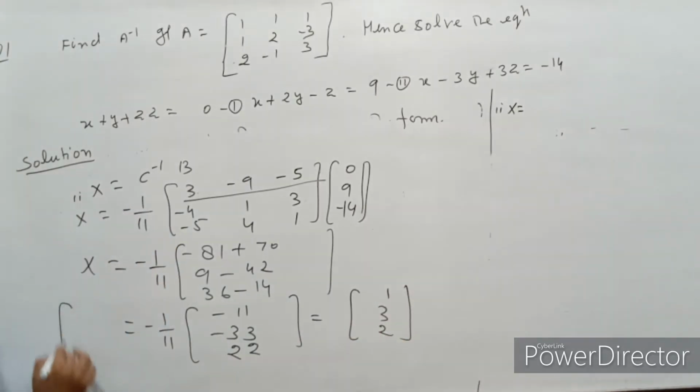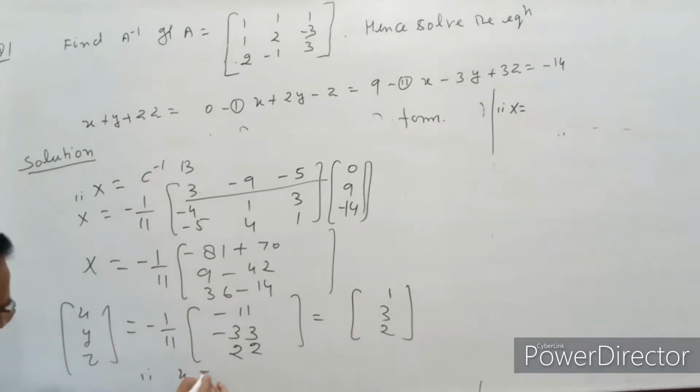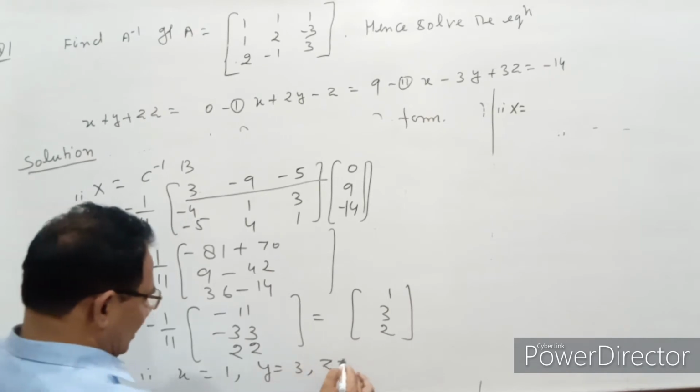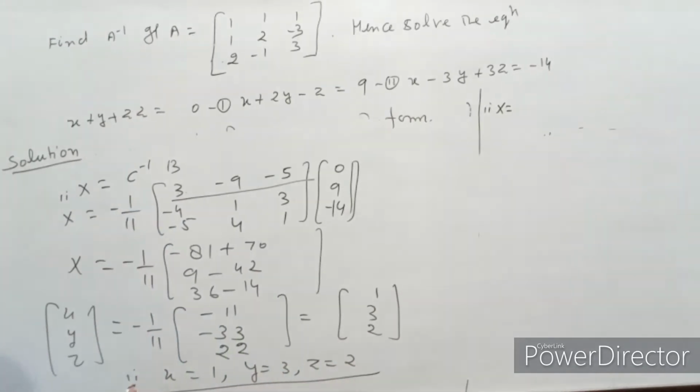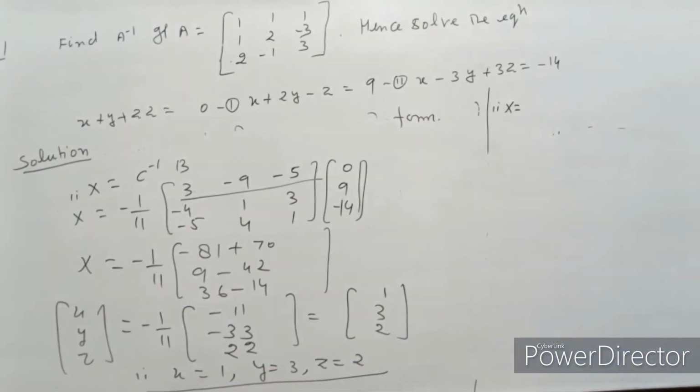So this is the value of x, y and z. Therefore x is equal to 1, y is equal to 3 and z is equal to 2. This is our complete answer.